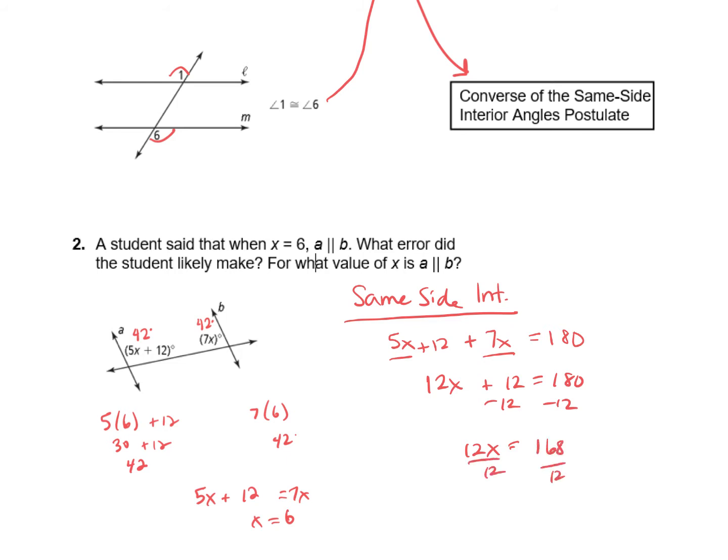Divide both sides by 12, and we get x equal to 14. So when x equals 14, line A is parallel to line B, because we started with a correct equation identifying that we had same side interior angles.